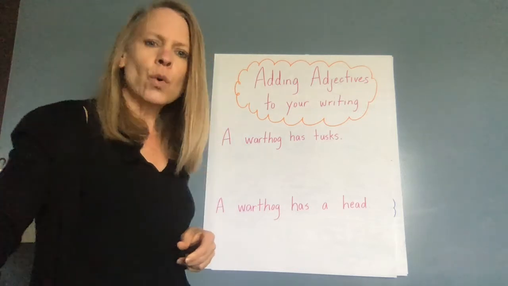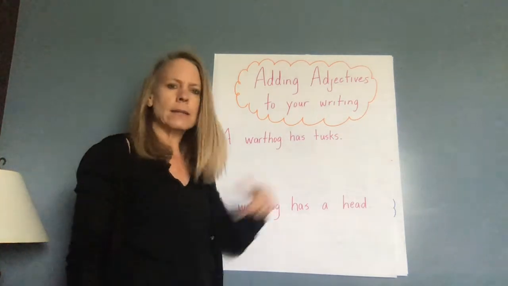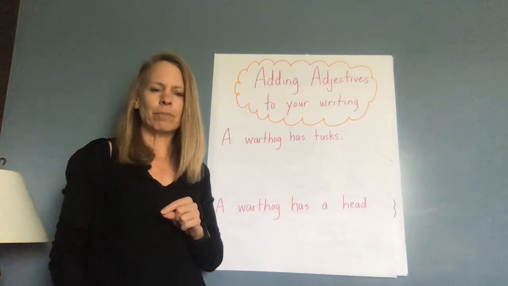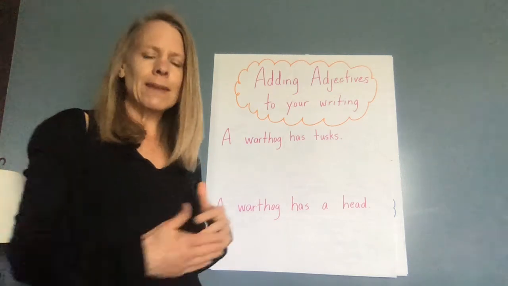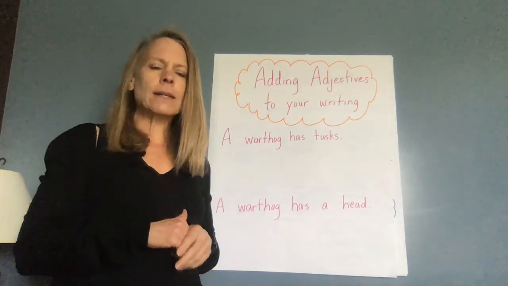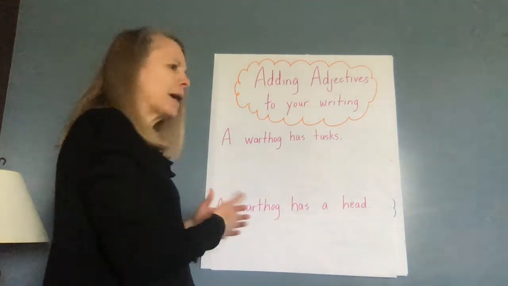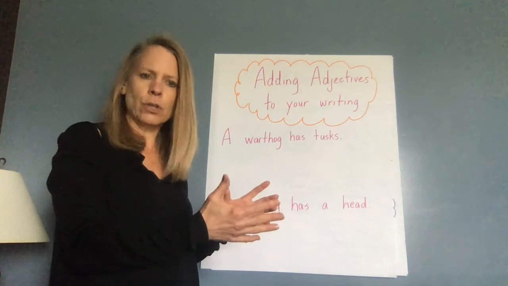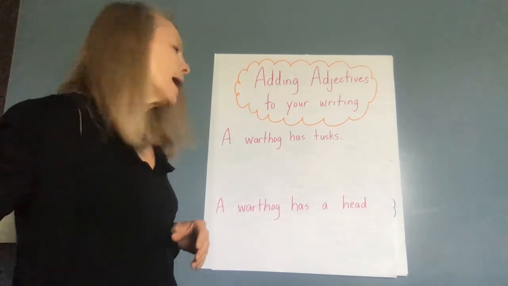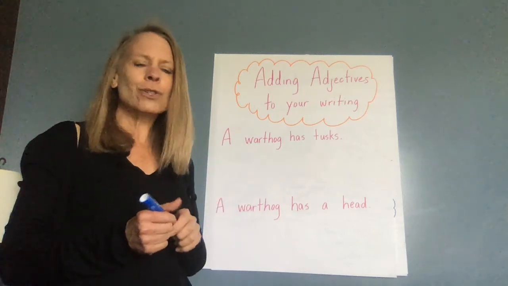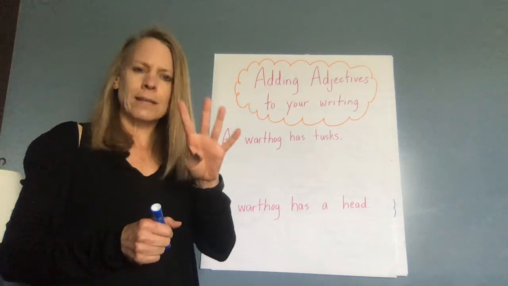Okay, so when we look at our sentence here, my sentence says a warthog has tusks. Now, when I think about that, I want to say, what could I add to better put a picture into it? So I can say, from what I read yesterday, it actually has 4 tusks.